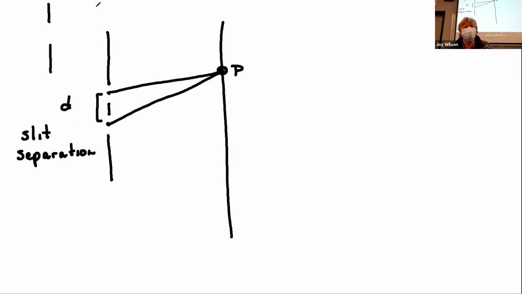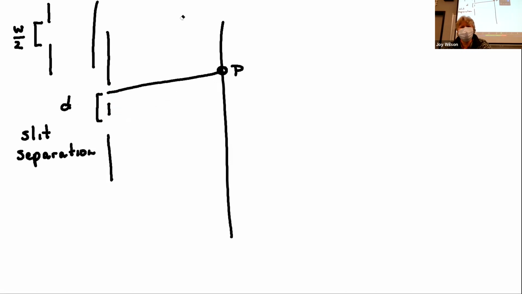With a single slit, what we were really doing was measuring this width and then cutting it in half. Your slit separation is from the top of one to the top of the other, right? If I measure from here to here, or from this point to this point, I want to keep that consistent. So what does that change about your math? That's about it.